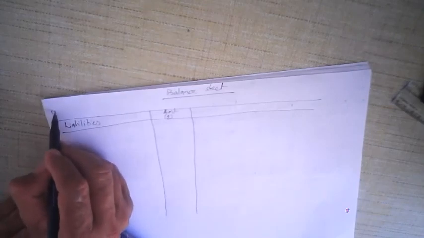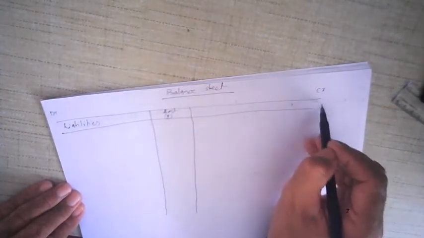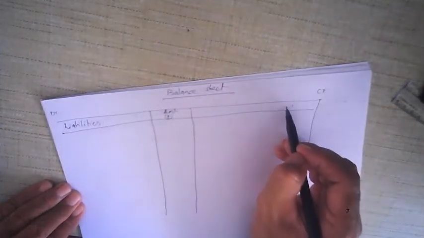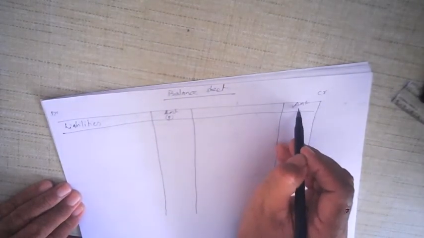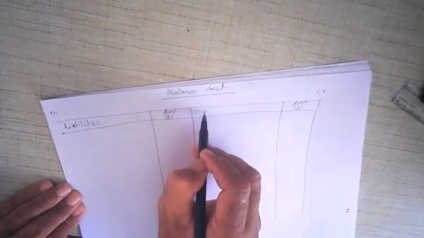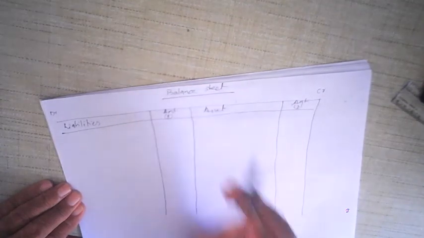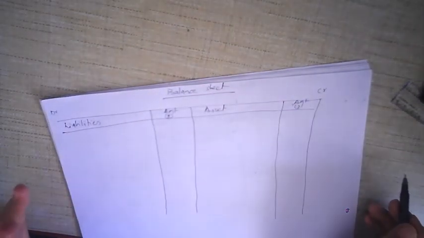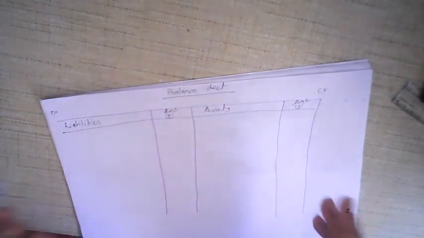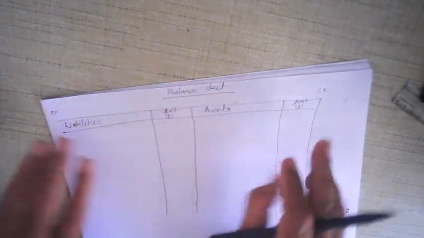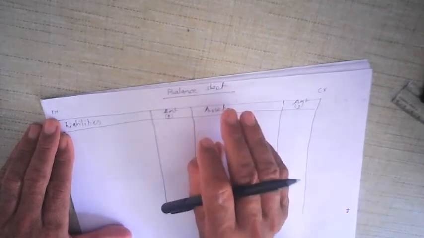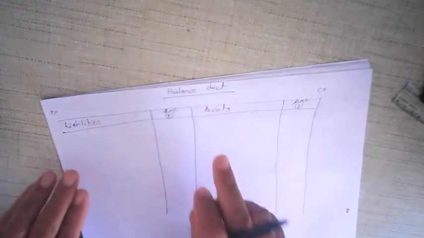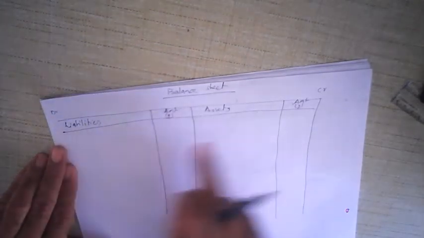This is your debit side, although there is no debit and credit because it is a statement. And this is your amount on the credit side, or the asset side, in rupees. Balance sheet is not an account, it's a statement. We don't write 'by' and 'to'.